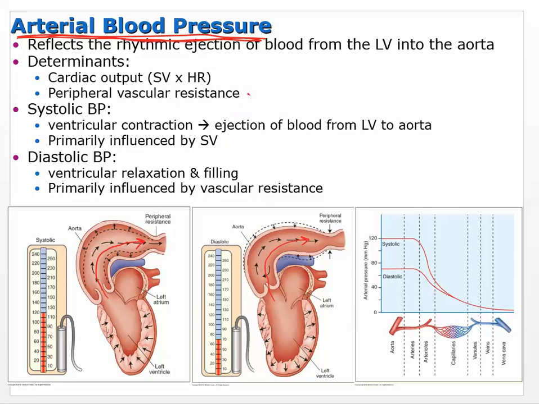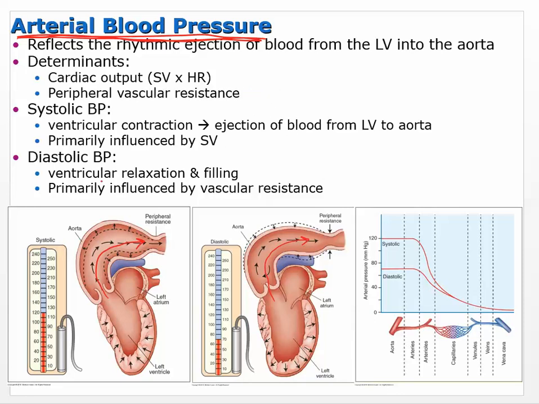Now, peripheral vascular resistance. So this has to do with things like atherosclerosis or arteriosclerosis, which is where the blood vessels are hardening from normal aging. And so you can have this increased resistance, and that will decrease your cardiac output because your heart isn't able to push as much blood through there.